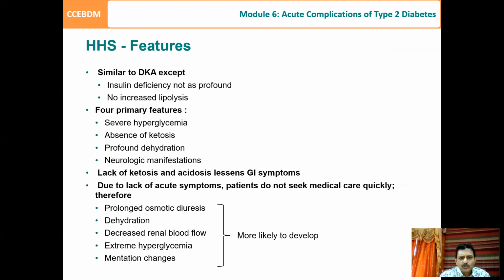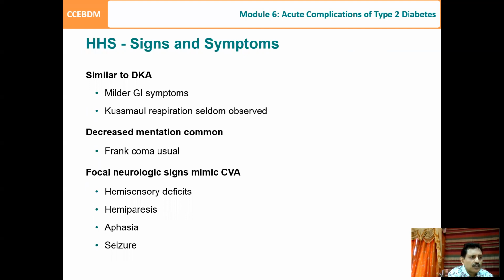Due to lack of acute symptoms, the patient does not seek medical care quickly, and remains at home and doesn't take any water, and that leads to further dehydration because the blood glucose level goes up. So there will be osmotic diuresis, further dehydration, decrease in renal blood flow and extreme hyperglycemia, and that is associated with neurological changes, and they present with neurological features in most situations.